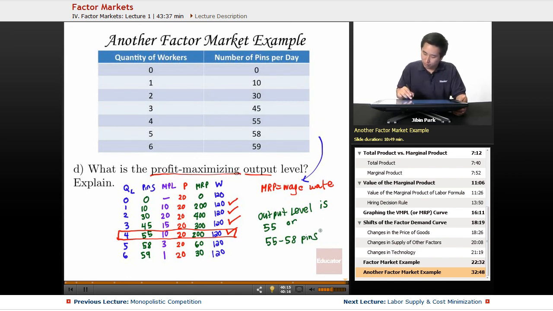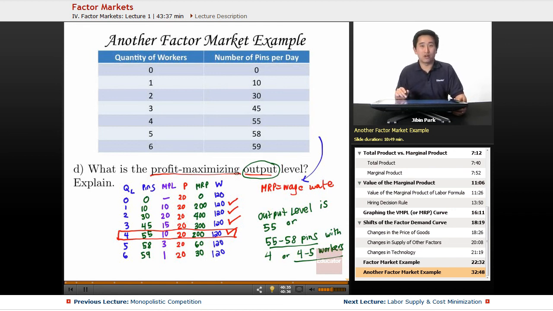Output level is 55, or 55 to 58 pins, with 4 or 4 to 5 workers. The thing is, if you only say 4 to 5 workers, then you're not answering what the output level is, and that's the number of pins here. But if you did box this area, chances are you will get credit. You will get credit on the AP exam because you had that as a double safeguard.